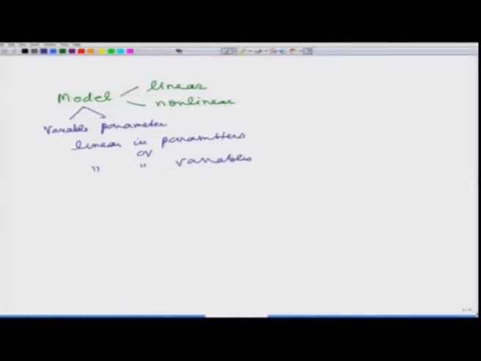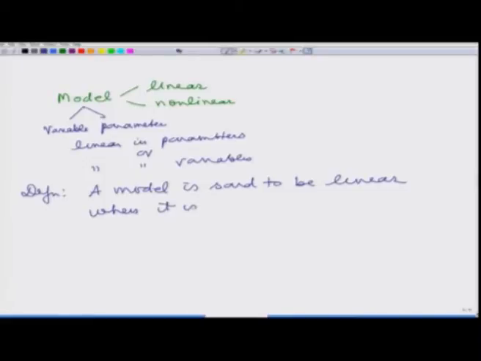So now here I would say this is the basic definition. A model is said to be linear when it is linear in parameters. Right. This is a very important definition.